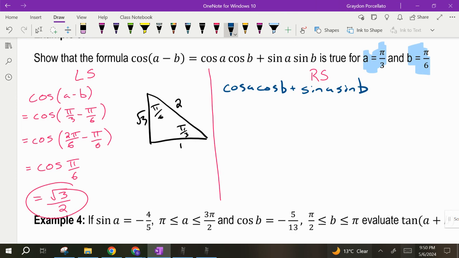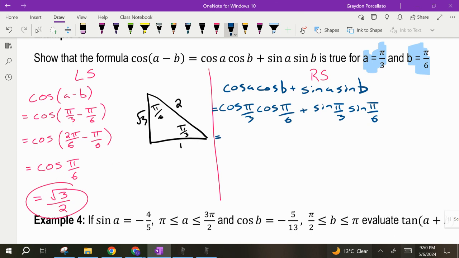All right, let's sub our values in. So we're going to go cos of pi over 3, cos of pi over 6, plus sine of pi over 3, sine of pi over 6. Okay. Sorry, let me add my equals. Okay, well, let's figure each of these out. Again, look at this. It's our special triangles.